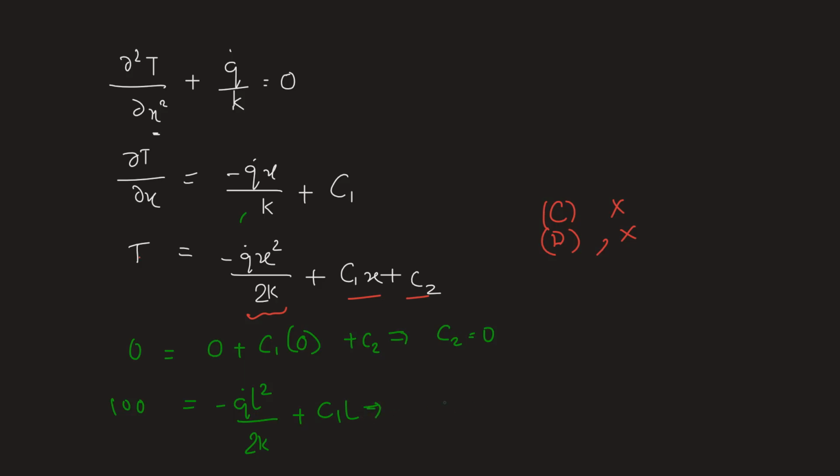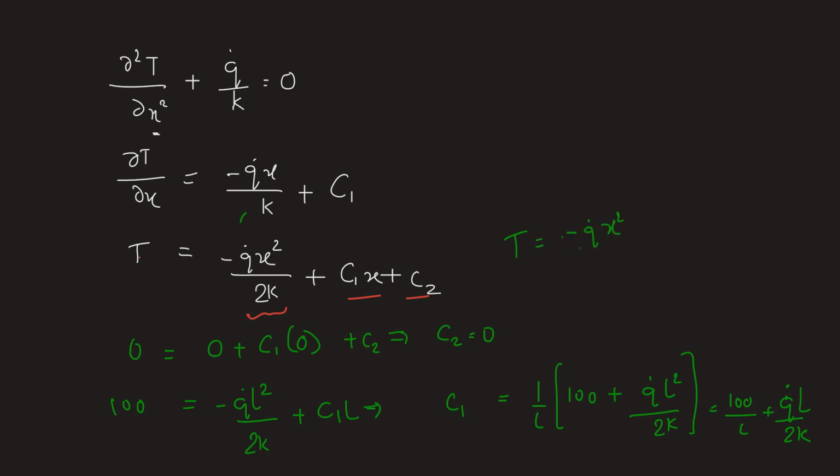So from here we can find C1 as 1 upon L into 100 plus Q dot L square by 2K, which we can write as 100 by L plus Q dot L by 2K. T is minus Q dot x square by 2K plus 100x by L plus Q dot Lx by 2K. This is the expression of T.